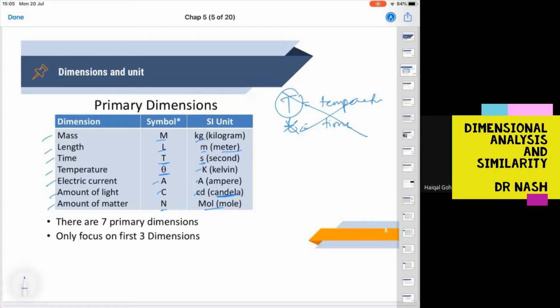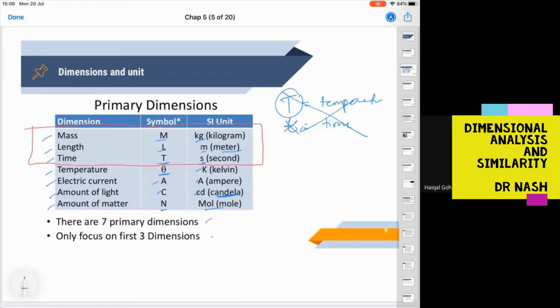Okay, out of 7 primary dimensions, we actually only focus on the first 3. Okay, mass, length and time. Alright, you may ask me why not focus on temperature, electric current, amount of light, amount of matter. Yes, these 4 primary dimensions will not be the focus in this chapter because we are dealing with fluid mechanics.